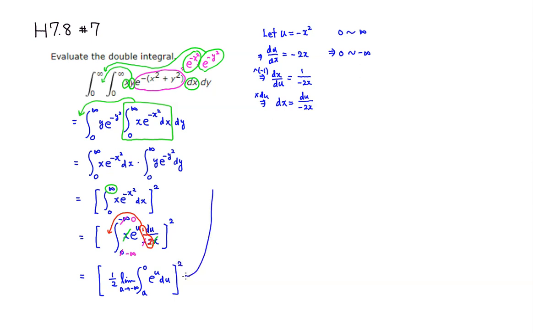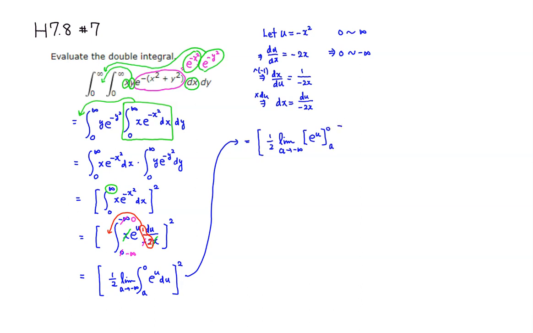I'm going to come up here so that we have more room. So you have a 1/2, and a limit as a approaches negative infinity. The antiderivative of e to the u with respect to u is e to the u, and we are going from a to 0. Then we have to square that.